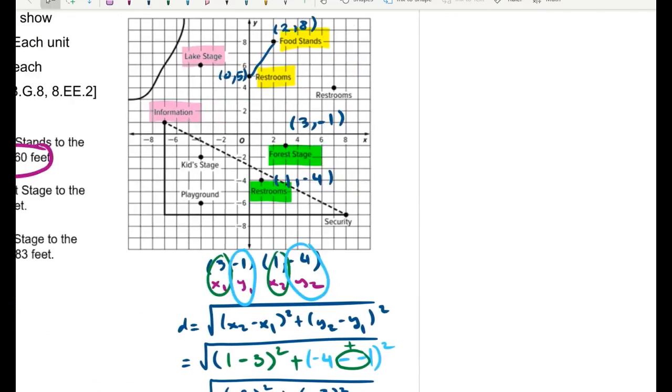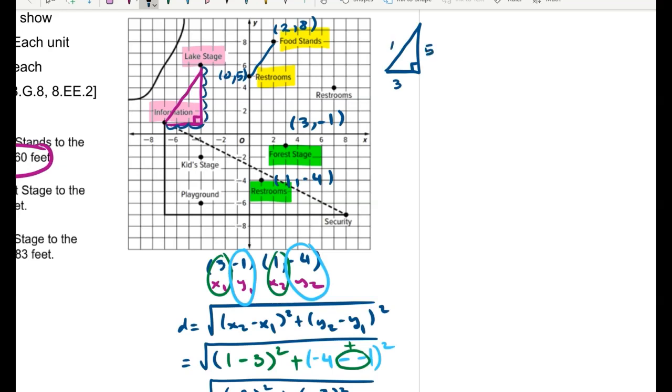I'm going to connect these 2 points and make a right triangle. In my right triangle, the base is 1, 2, 3 units, so the base is 3, and the height is 1, 2, 3, 4, 5 units.